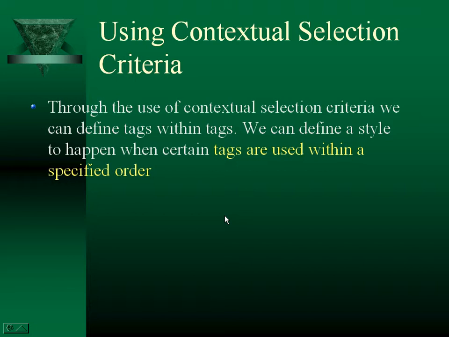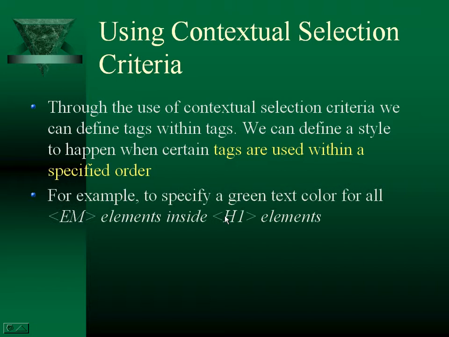For example, to specify a green text color for all EM elements inside H1 elements, we can write HTML code like this: style type equal to text/css, H1 EM, and color green.